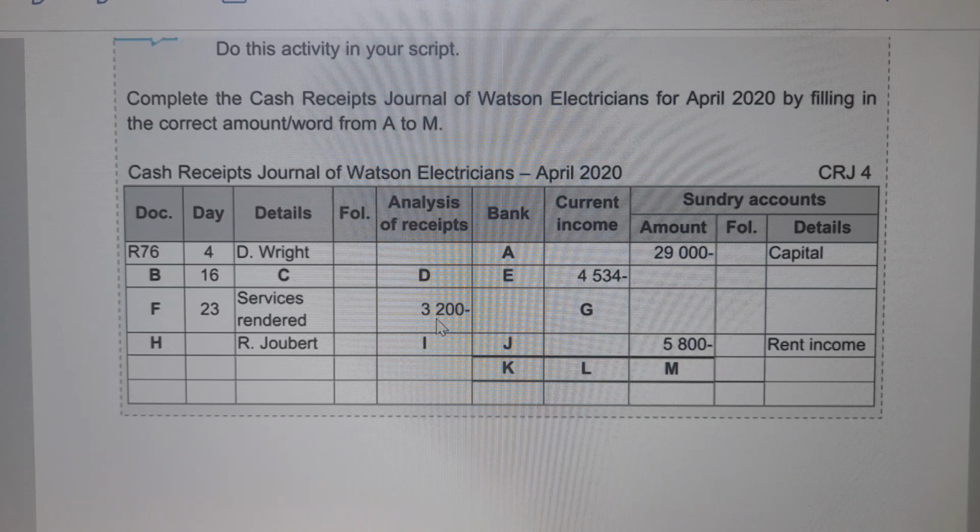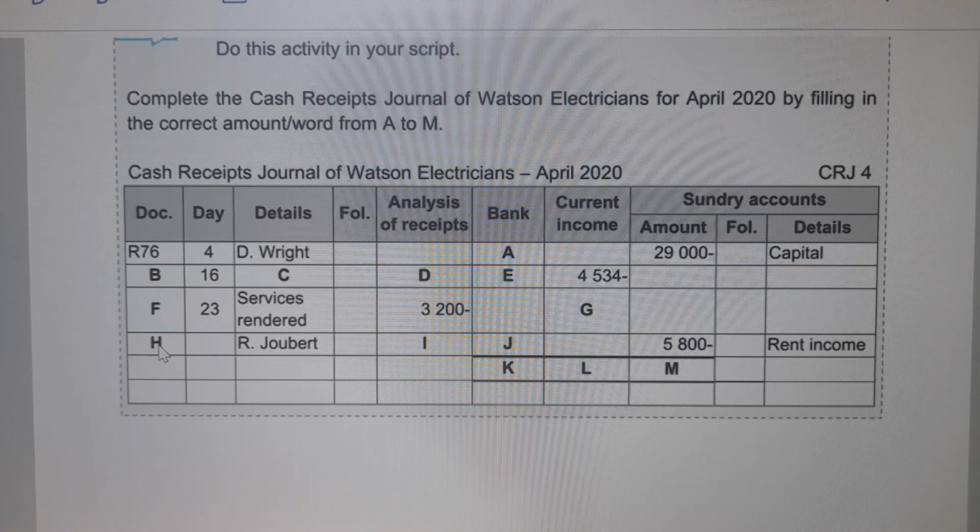It was 3,200 rand. So we know the same amount, 3,200 rand, will go to the bank, and under current income, because it's services rendered, it will still be 3,200. And if it's here on the frequent transaction, then nothing will be in these 3 columns for sundry account.